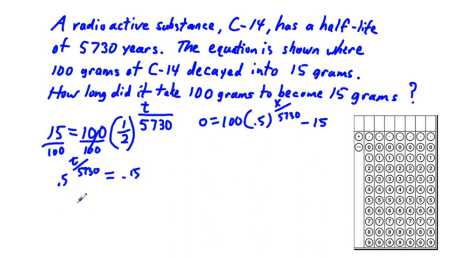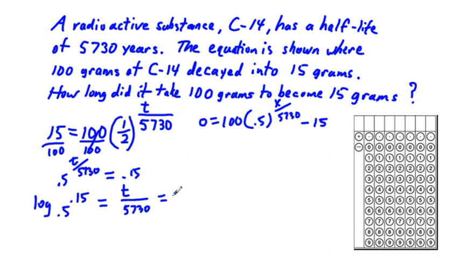So what you can do is actually make it log base 0.5 of 0.15 equals t over 5730. And you can find what t is by cross multiplying.